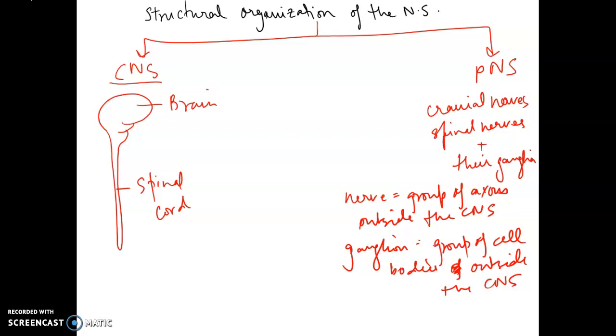There are two other definitions that I want you to know. Those are called tract and nucleus. Tract is defined as a group of axons within the CNS, so a group of axons within the central nervous system.